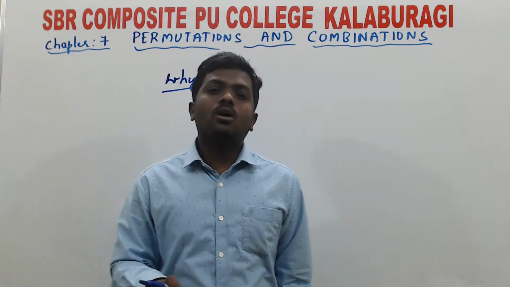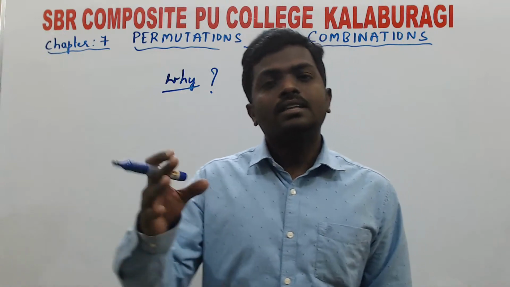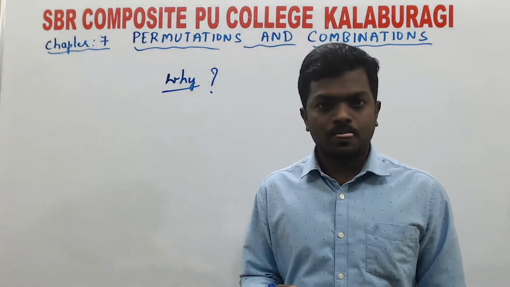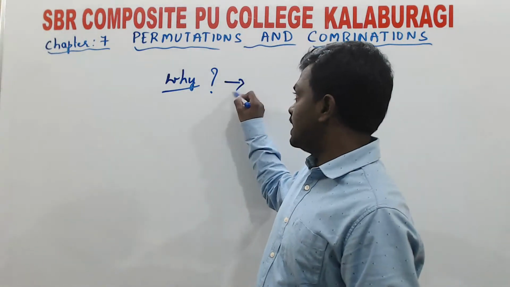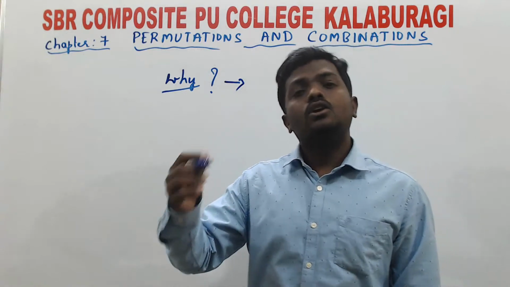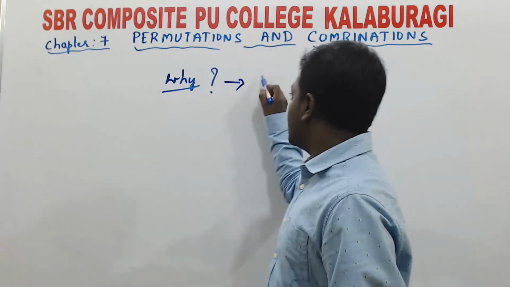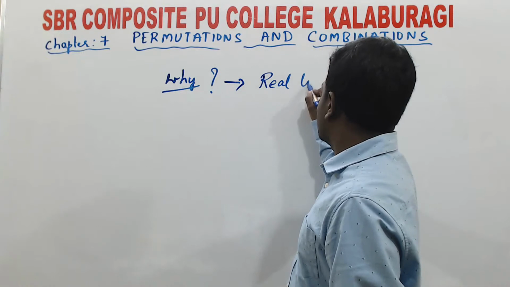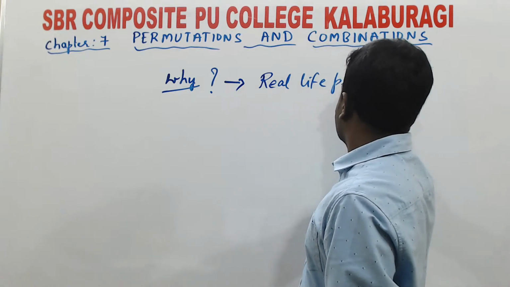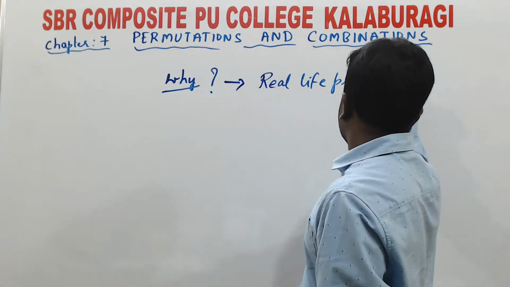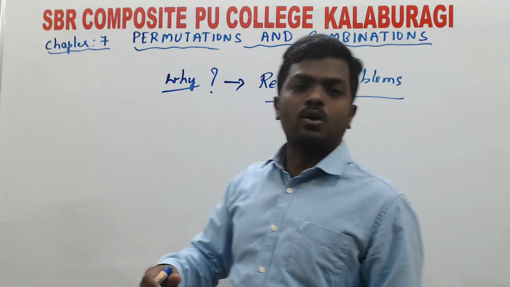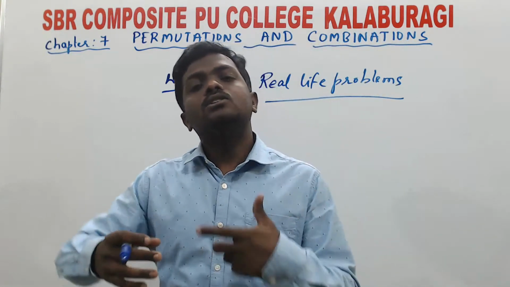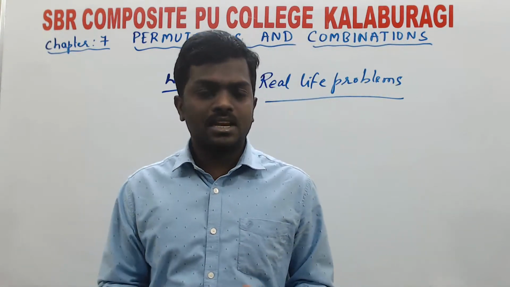This topic is not only important to score marks, but we also need it to study some real life problems and come to a solution for those problems in our life.